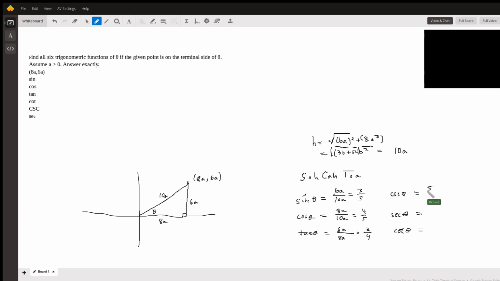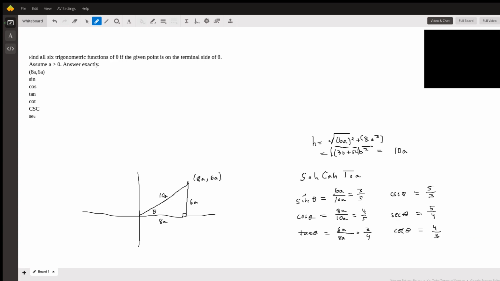So 5/3 here. The secant's the reciprocal of the cosine, so that's going to be 5/4. And then the cotangent will be 4/3. It's just the reciprocal of the tangent. And we're done. That's the whole problem.